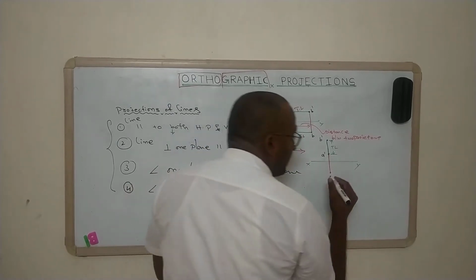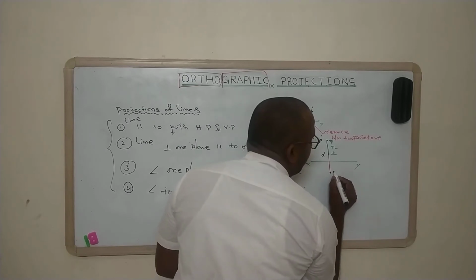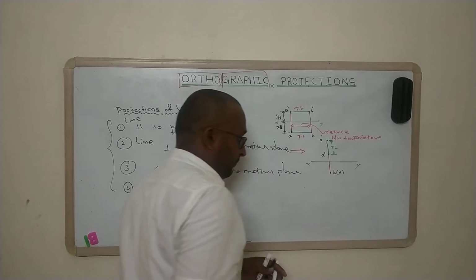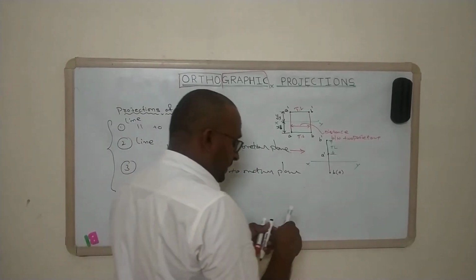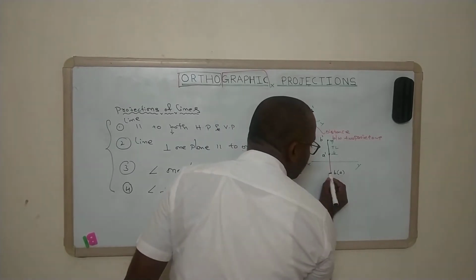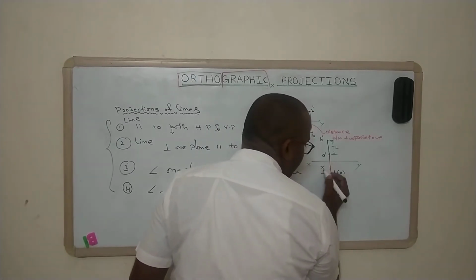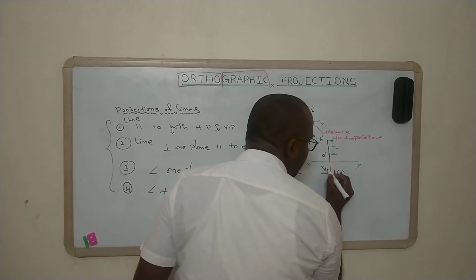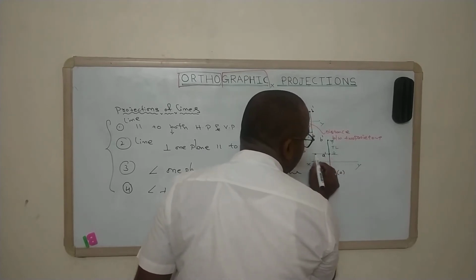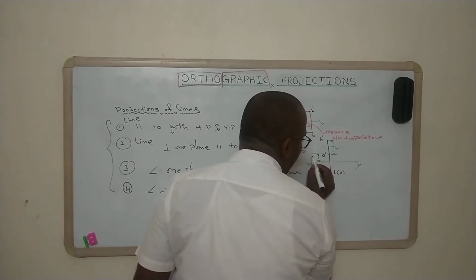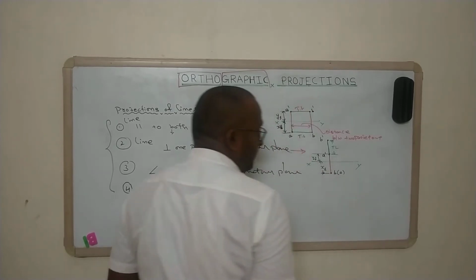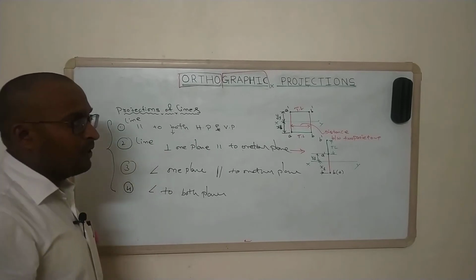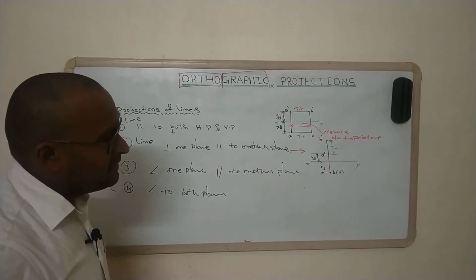Then that point will be the B of A. Right? So the distance from here to here is in front of VP, the XL. From here to here is above HP.